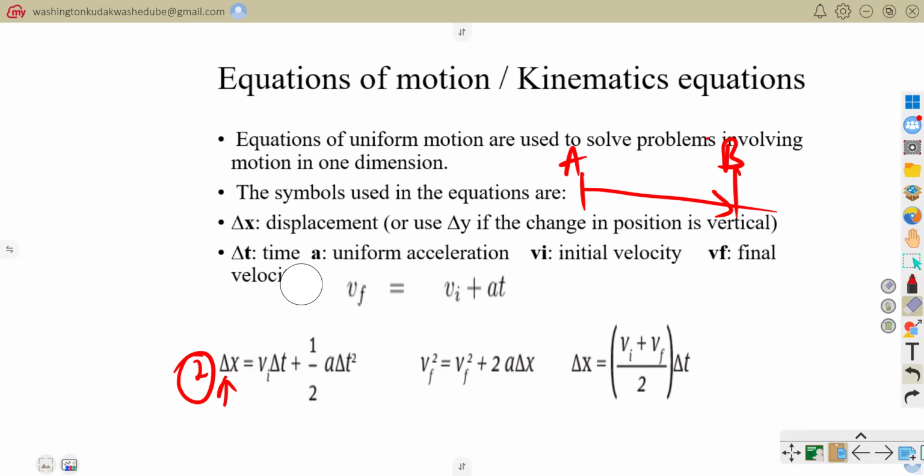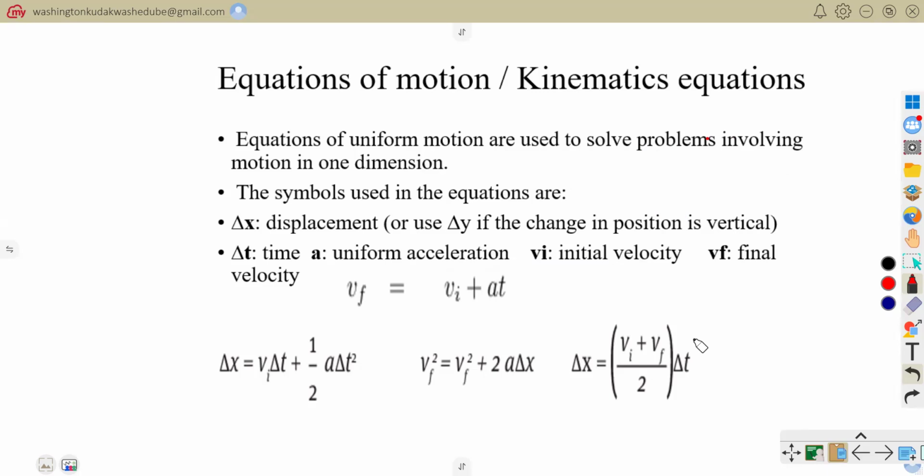So it's all about applying logic to determine what is given and what I need to find.